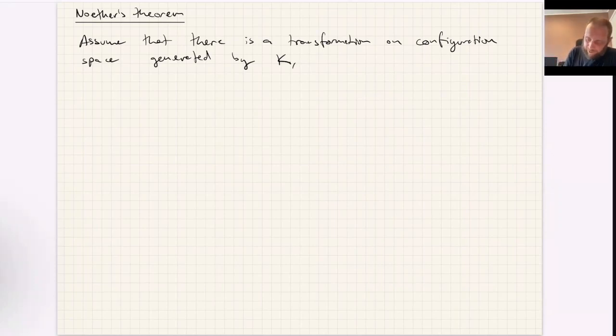But not only that, I want to say that the action is invariant. So if I take this integral over dt, that's equal to the same thing if I perform the transformation, if I take the flow here.